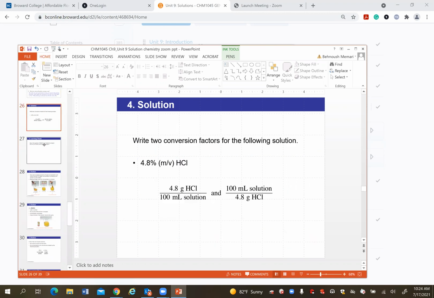Solubility of gas is higher at high pressure and lower at low pressure. So if you open the can, you lower the pressure, and solubility decreases for the gas. That means gas comes out of the solution. It doesn't want to stay in the solution. And the solution that loses all the gas is going to be flat.